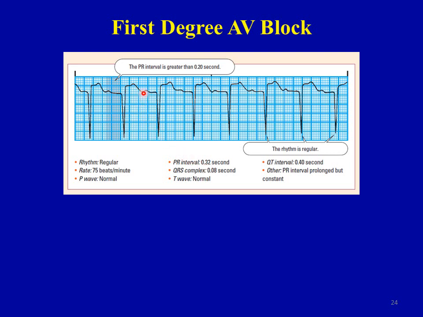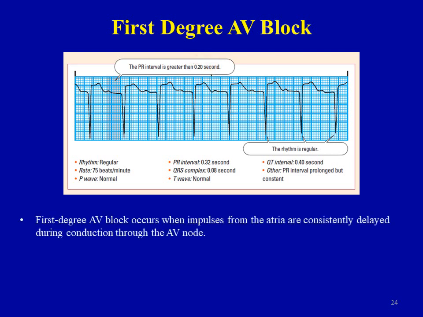If we check the PR interval in all the cardiac cycles, it is 0.32. So there is a constant or fixed prolongation of the PR interval beyond the upper limit of the normal range. So the first degree AV block occurs when impulses from the atria are consistently delayed during conduction through the AV node.